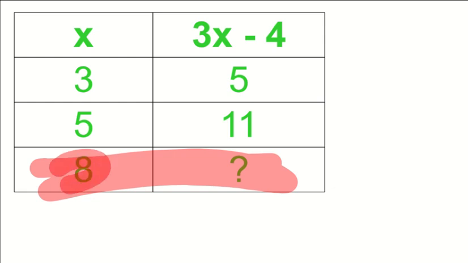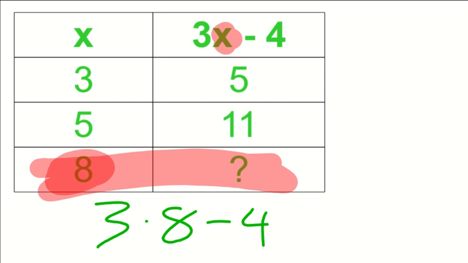In this case, that's that 8, and you're putting it in for x. So we'd have 3 times 8 minus 4. 3 times 8 is 24. 24 minus 4, 20, like you said. Okay? Any questions on that?